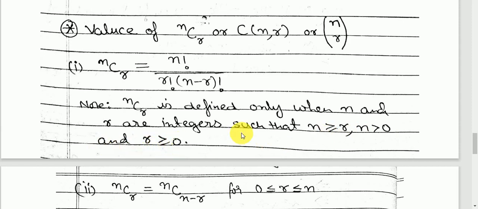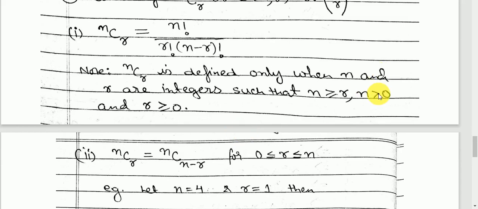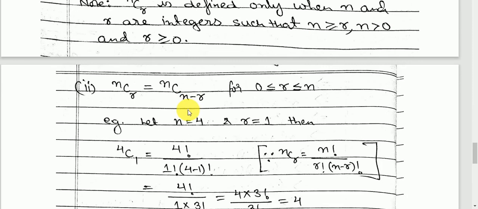So n is always greater than 0, you should remember. Like here, if n is 4, then r can be 4. But we cannot have 0 0. We can have 4 over here, then 4 3, 3 1, 1. Such that n is greater than or equal to r, n is greater than 0, and r is greater than or equal to 0. You should remember this.